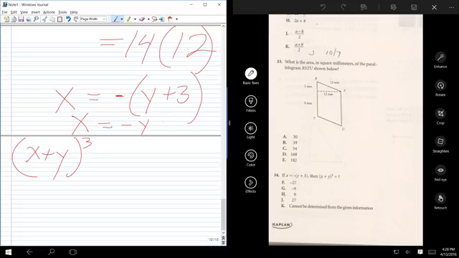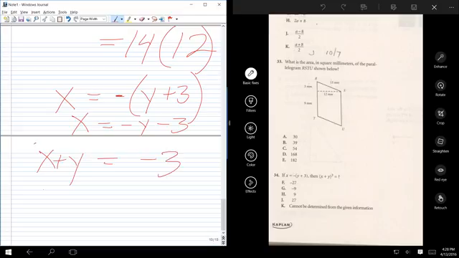It's negative y minus 3, for starters. Okay. In other words, you have to distribute that negative sign to both terms. Yeah. Now, to get x plus y, all I have to do is add y to both sides. So I get x plus y, which is equal to minus 3.